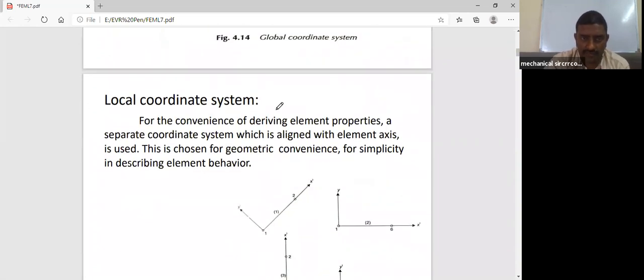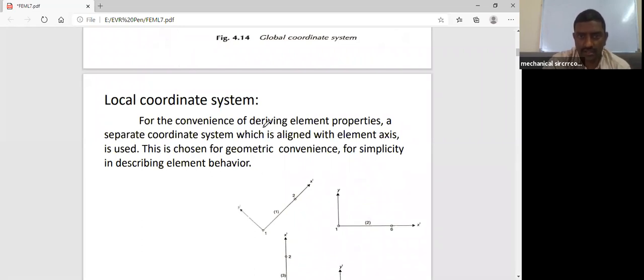Local coordinate system. This is a separate coordinate system. The local coordinate system is assigned to the individual elements in the problem domain. It is taken for convenience. What is our convenience?